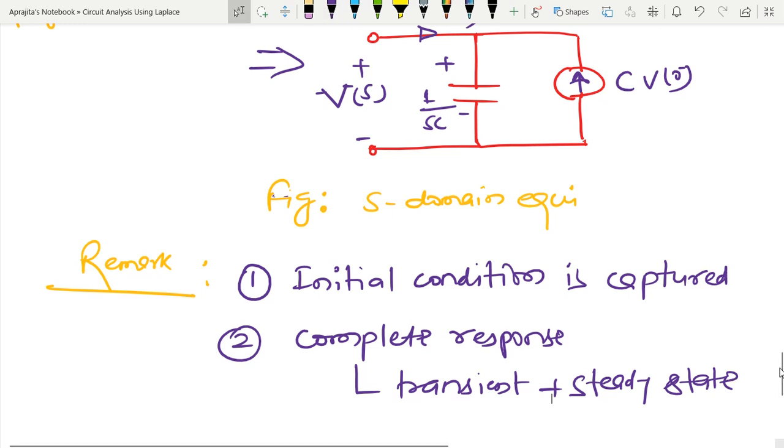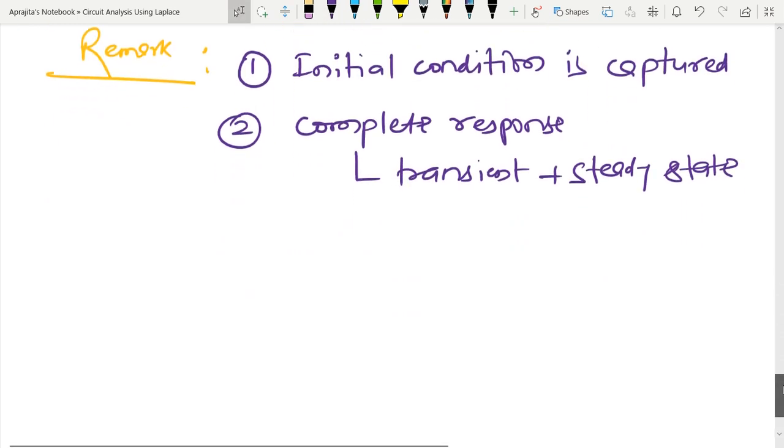Now if you assume that all initial conditions equal 0, then both domains, whether you talk about the phasor domain or the Laplace domain, are exactly equal. So let us write this point.